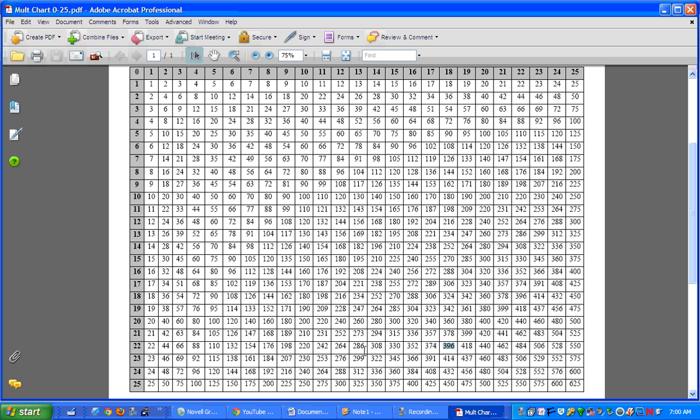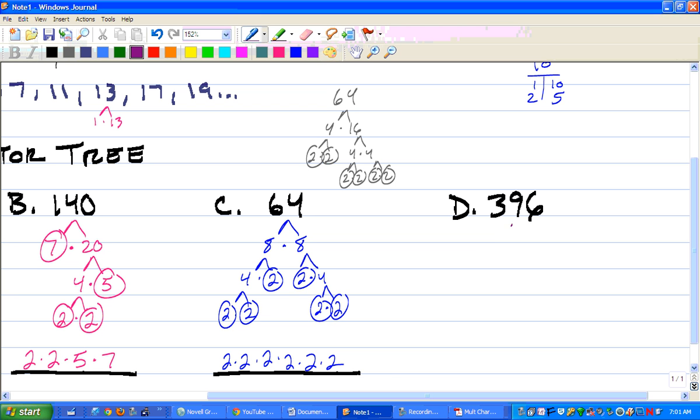There it is. So 396 is 22 times 18. 22 is 2 times 11, and both of those are prime numbers. 18 can be broken down to 2 times 9, and 9 is 3 times 3.